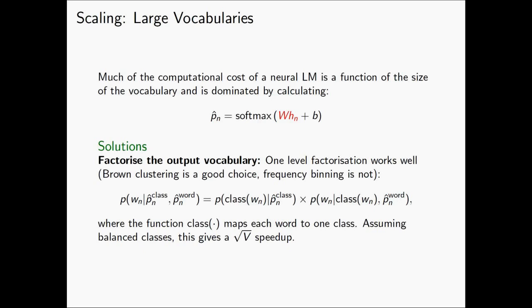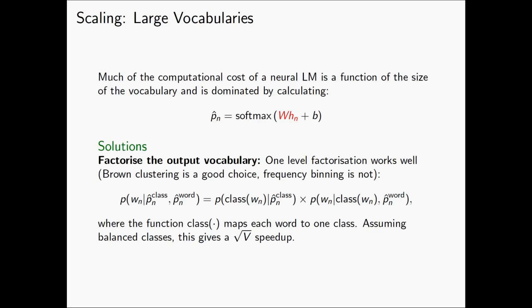So our vocabulary may be a million words, and our number of classes may be 1,000. And every word belongs to one class, and hopefully, if we did it right, they're balanced. So we might have 1,000 words in each class in that case.